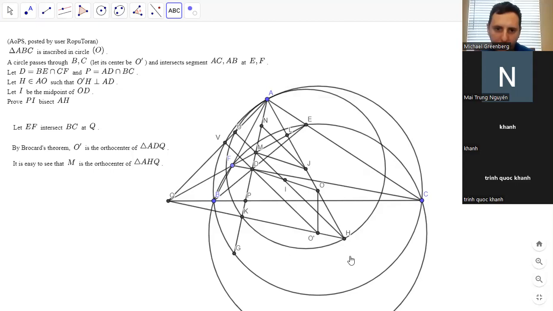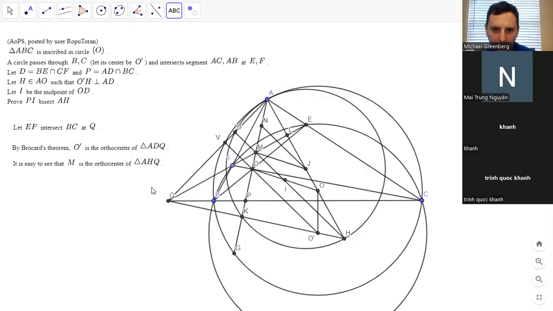And then from there, let HM and O prime B meet AQ at U and V. Well, first we want to show that those are collinear.